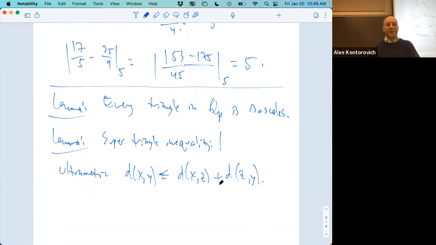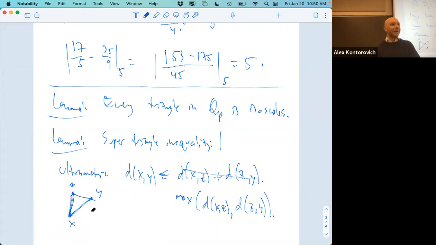And the ultrametric property is not just the triangle inequality, but actually the max of the distance from X to Z and the distance from Z to Y. The standard triangle inequality says the distance from X to Y is no larger than going from X to Z plus going from Z to Y. The ultrametric inequality says that to get from X to Y, it's the same as either going from X to Z or from Z to Y. That's the same thing as every triangle being isosceles.